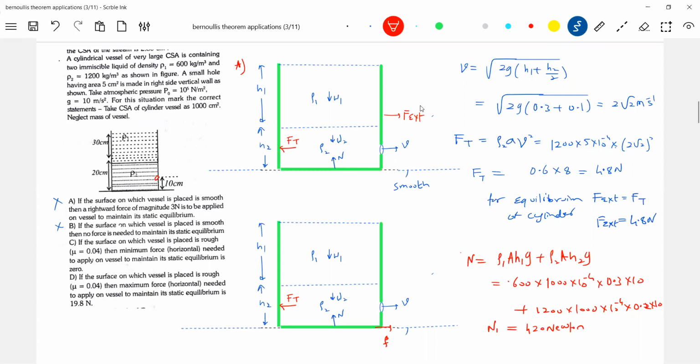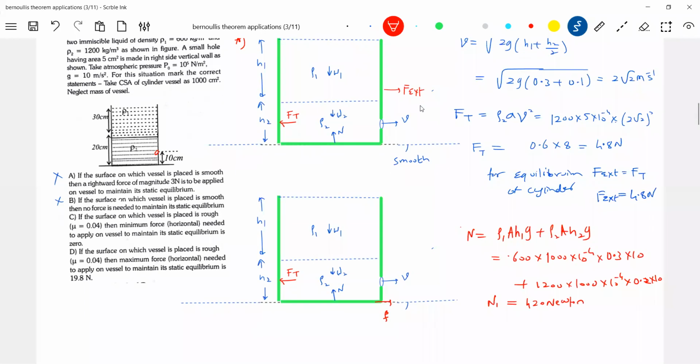Okay, this much is N value. So we know mu equal to 0.04. Let's calculate the limiting friction. Mu N. So mu is 0.04 into 420. Anybody value?